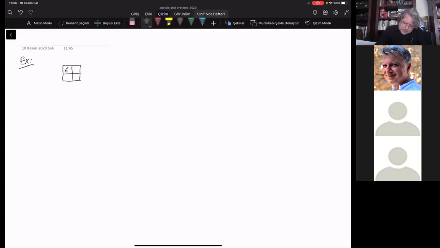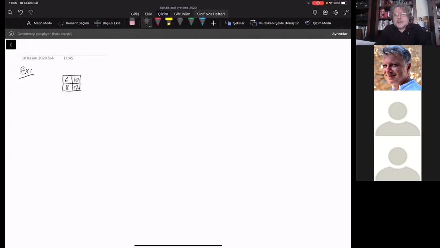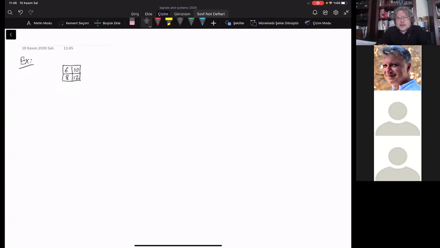So 6, 10, 8, and 12. All right. So this is our 2 by 2 tiny little image, and these are the values of the pixels. It's a 2 by 2 image, but it's still a 2-dimensional example. That's why I'm trying to emphasize this as an example.